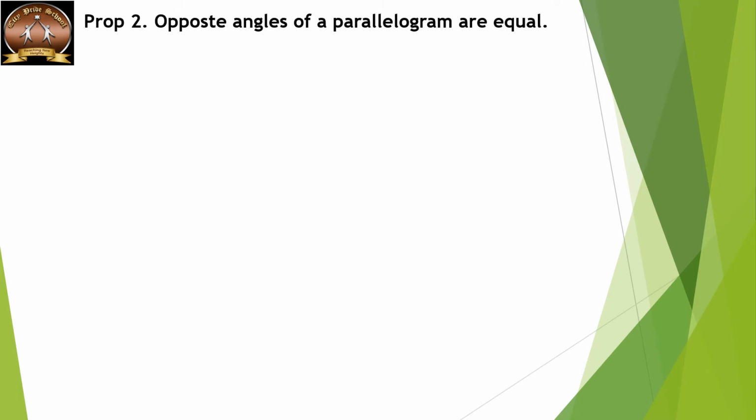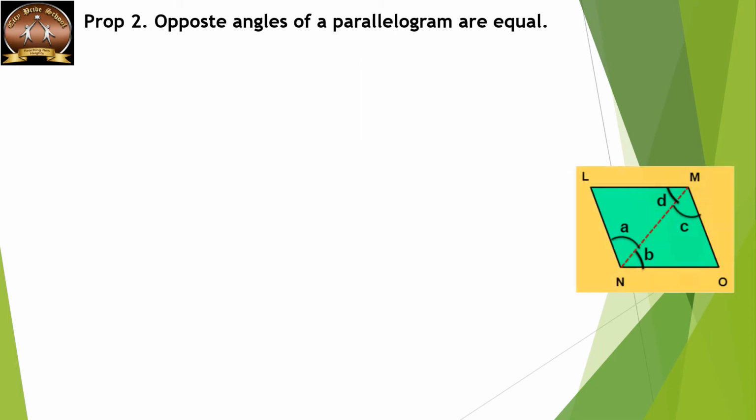Now let us prove the second property. Opposite angles of a parallelogram are equal. So if it is a parallelogram, its opposite angles will be equal to each other. Again, let us take LMON as a parallelogram and divide the parallelogram into two triangles. So we will show that the two triangles are congruent, therefore their 6 elements are congruent.